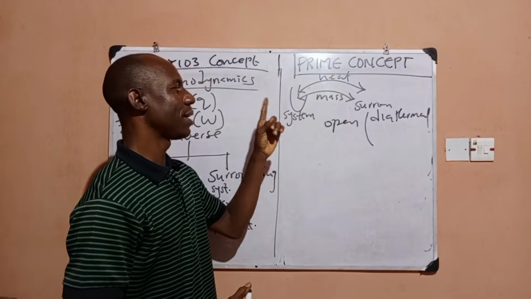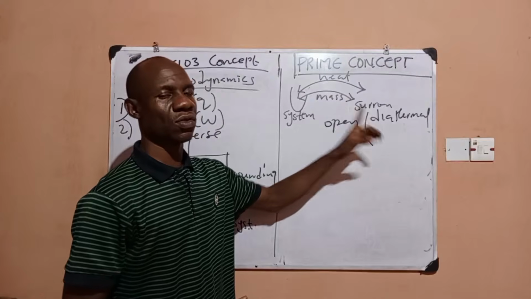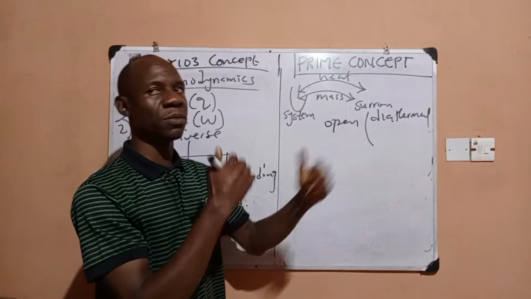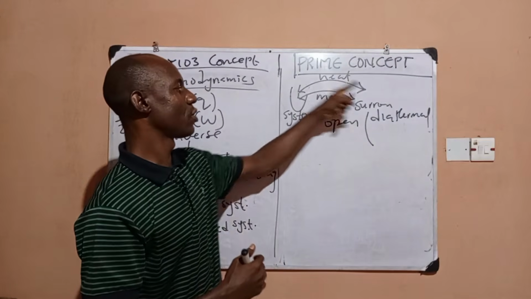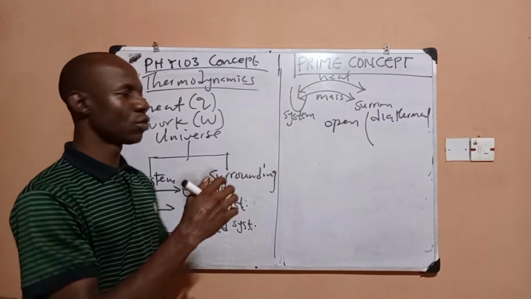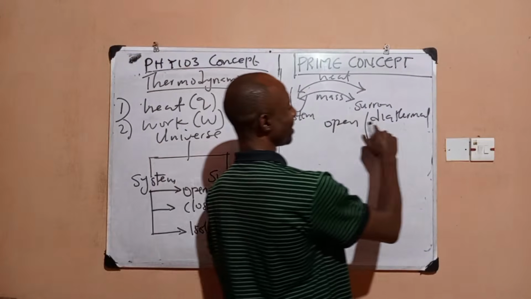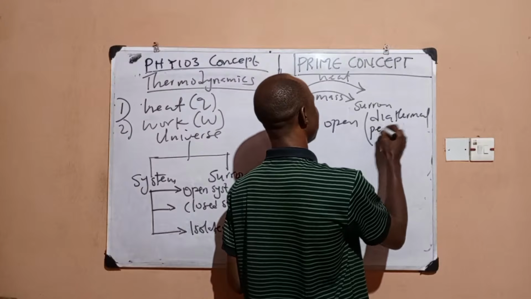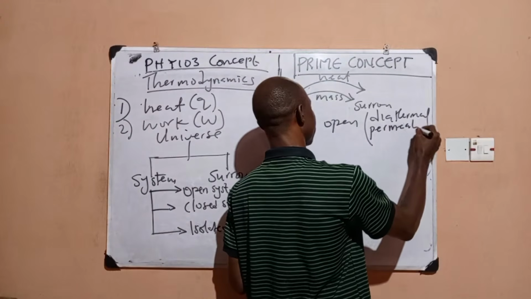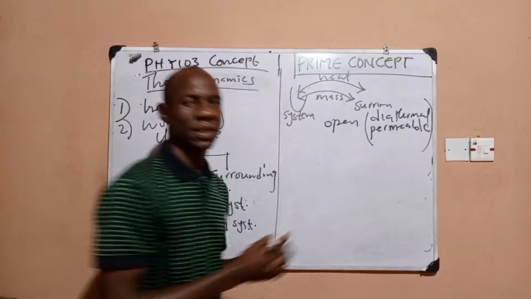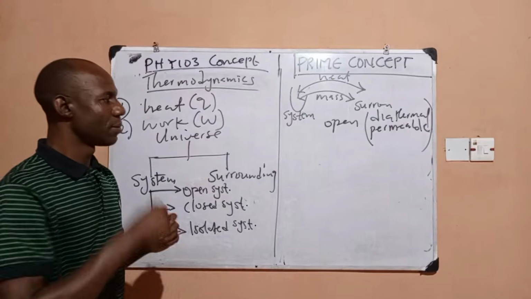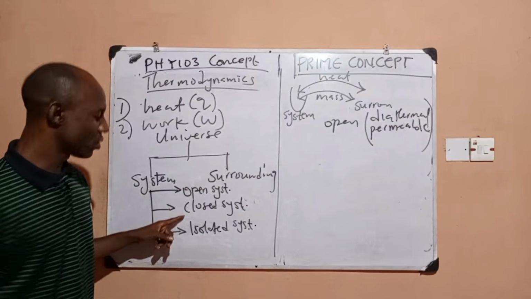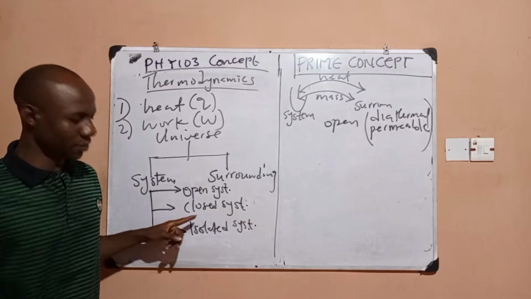What is diathermal? Dia means two. So diathermal means two-way movement of heat from this point to this point, from this point to this point. Two-way movement. So open system is diathermal and permeable. Open system is diathermal and what? Permeable.